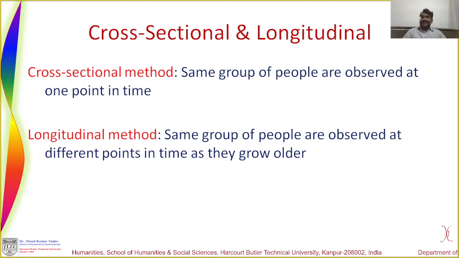Cross-sectional means that over the same period of time you observe the same group of people and you take data. Whereas longitudinal simply means that the same group of people are observed at different points in time as they grow.